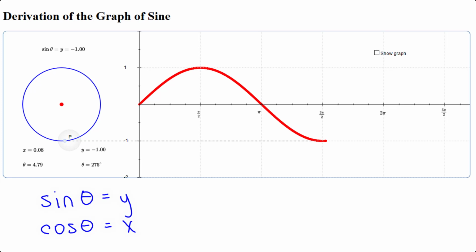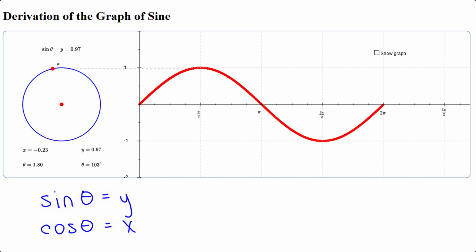You keep rotating around, and you complete that pattern of the wave that's drawn out here at 2 pi. And if you continue on around, this applet doesn't really take into account larger angle measures than 2 pi.